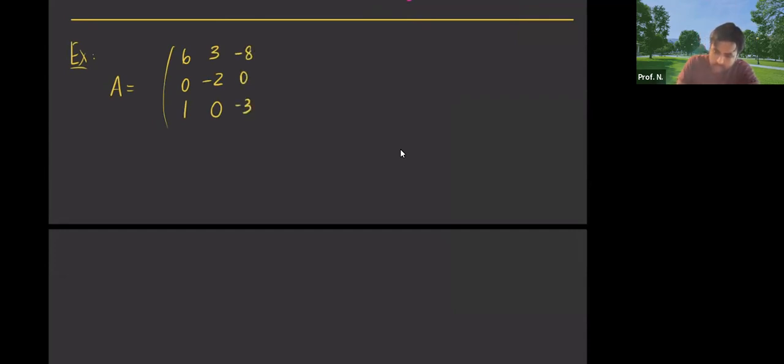So let's look at an example. We have the matrix with rows 6, 0, 1; 3, -2, 0; -8, 0, -3.